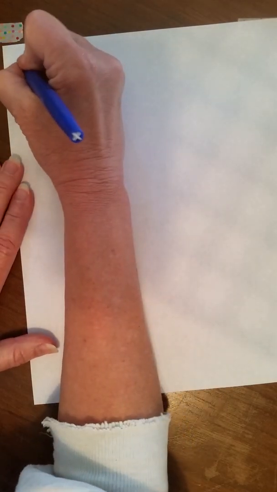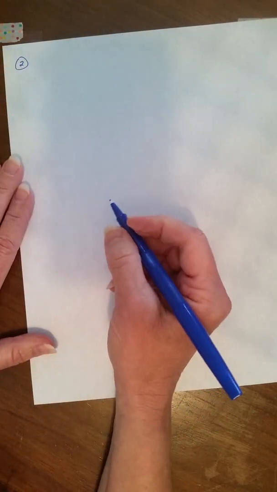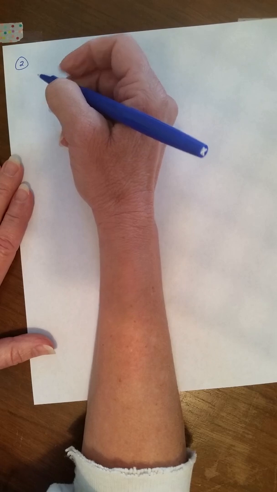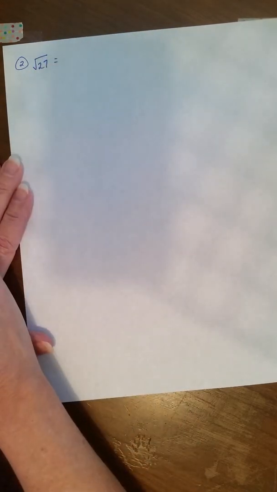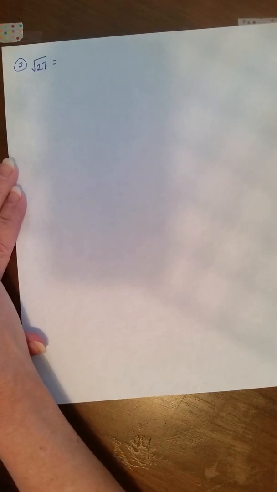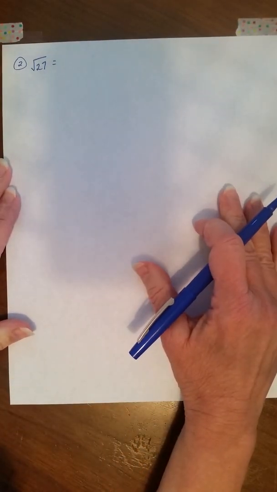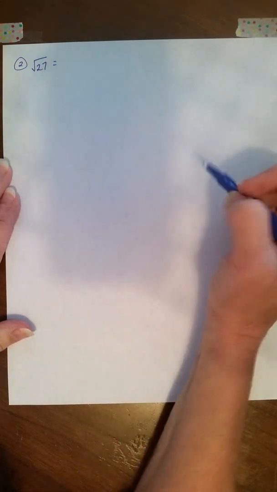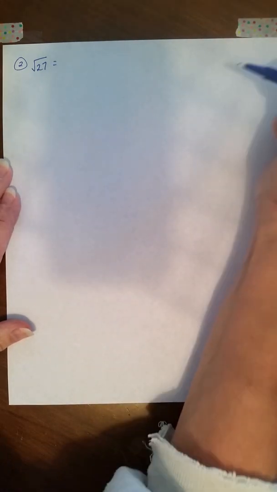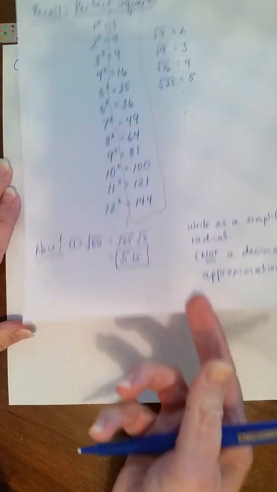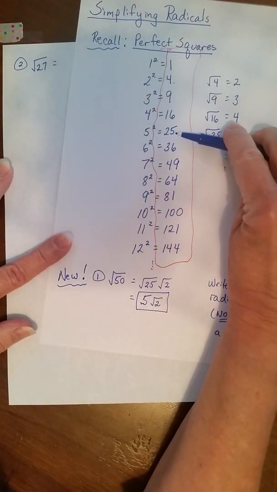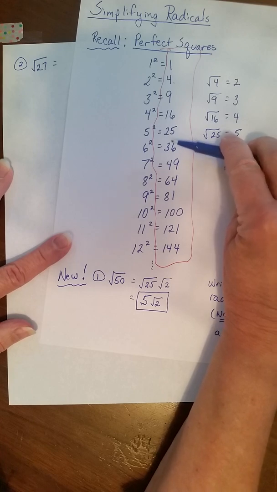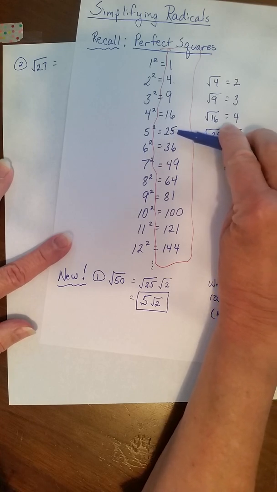Okay, number 2. How about the square root of 27? Okay, now let me show you my thought process. There's a couple of thought processes I can use to simplify this radical. First of all, I know that if I get out my list of perfect squares, okay, 27 is right here between 25 and 36. 27 is not divisible by 25.